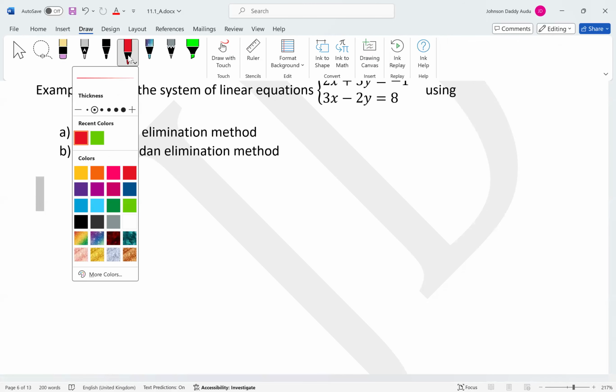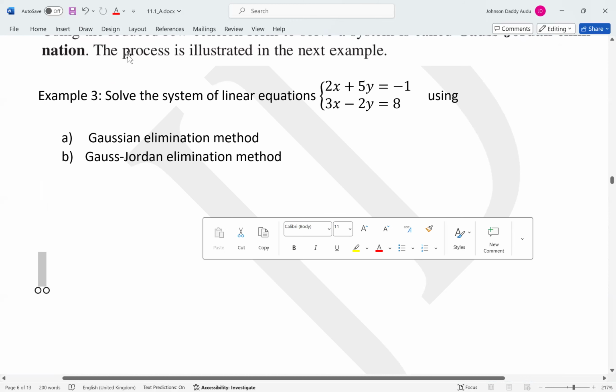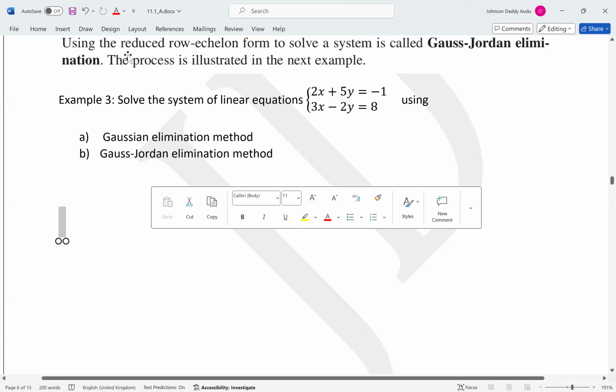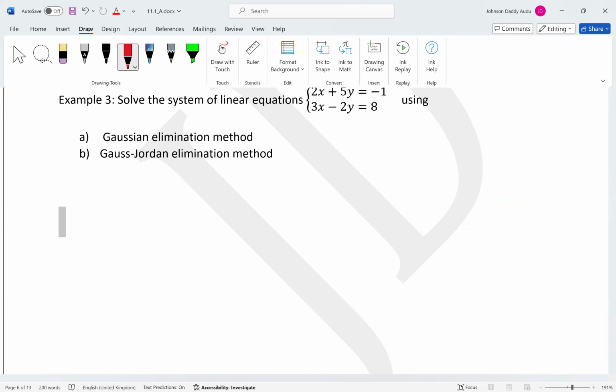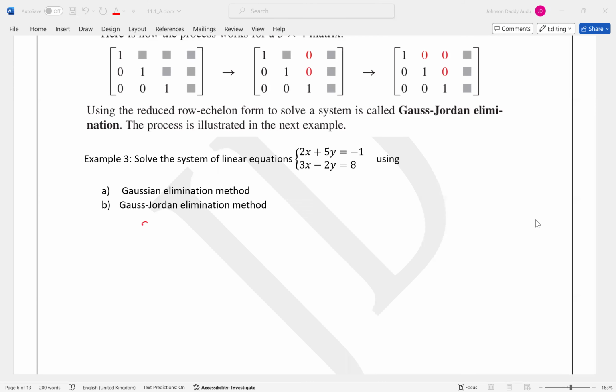For the first method, all you need to do is rewrite your system as a matrix. This is the system here. So let's start with Gaussian elimination.